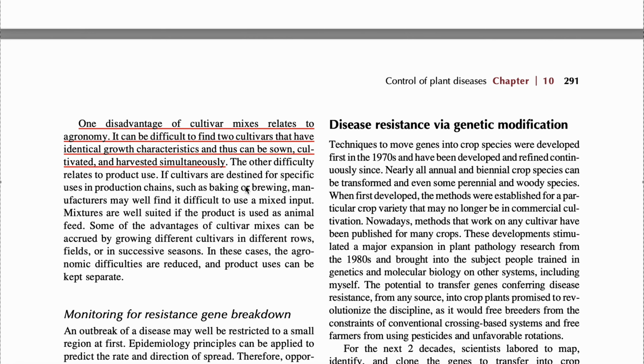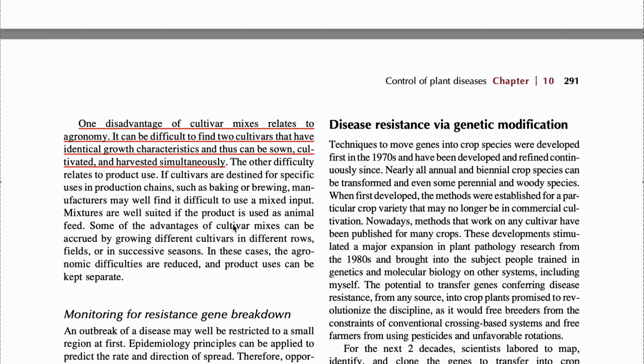If cultivars are destined for specific uses in product chains such as baking or brewing, manufacturers may well find it difficult to use a mixed input. That's true. In a mixture, their qualities and characters will not be identical, so it will be difficult for the manufacturer to use it as an input.